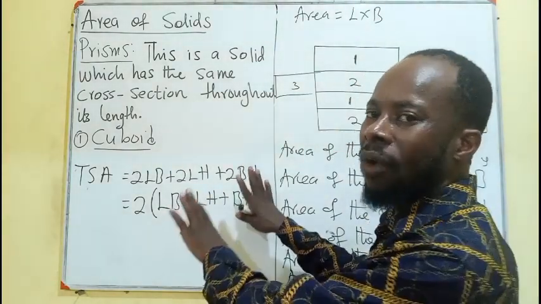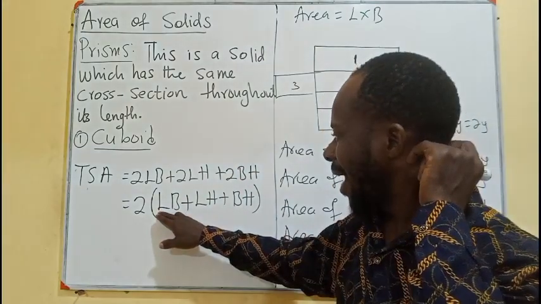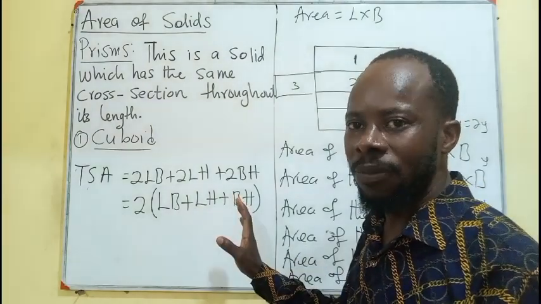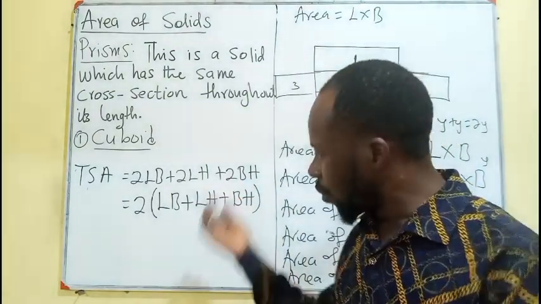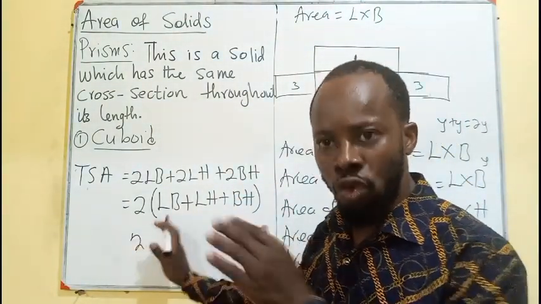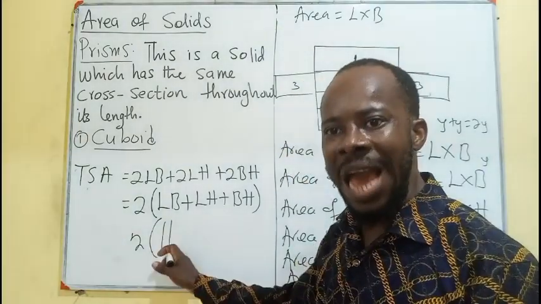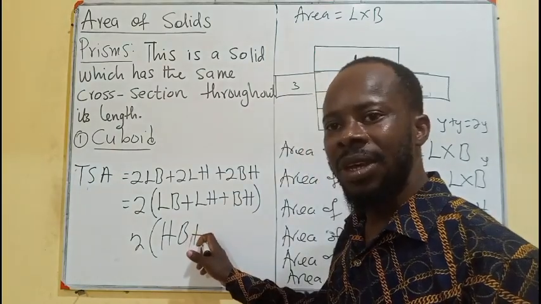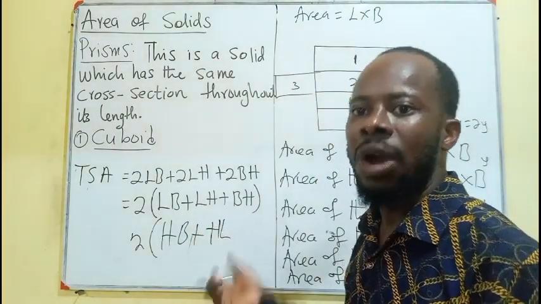So don't go and memorize this by saying that LB should be the first, LH should be the second. No. All you need, just close your eyes, is going to be 2 multiplying, it could be the height and the breadth. So we add it. I know the height and the length will also come.